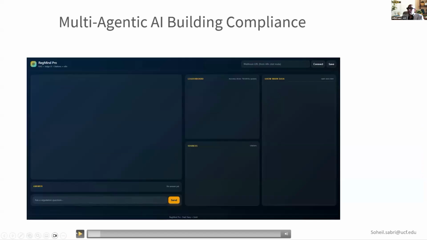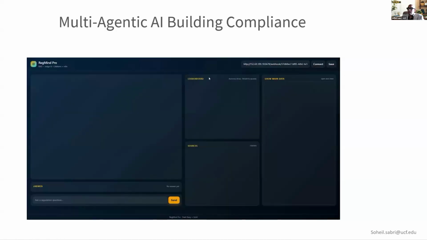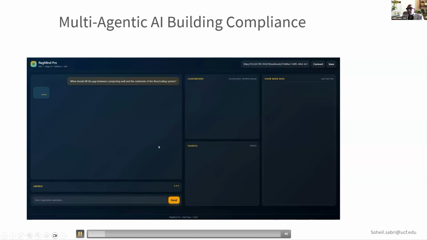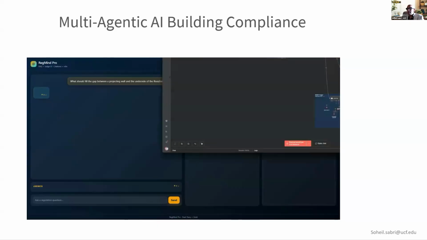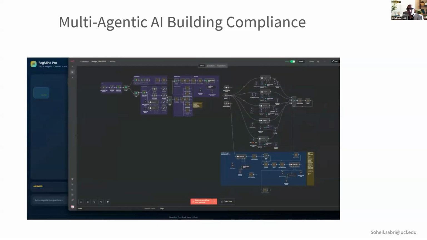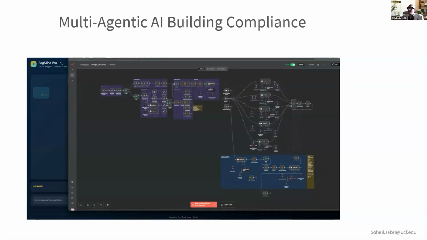So as you can see here, the large language model is really helping us to ask very specific, decision-making questions about the wall's location and the distances between the wall and window and so on. And then at the back end, you will see the different agentic AIs. They work together to deliver the task.